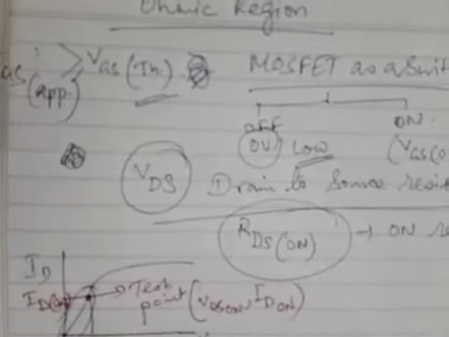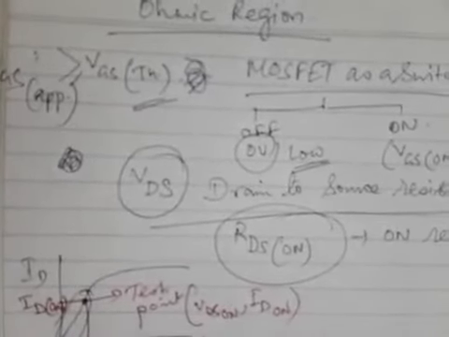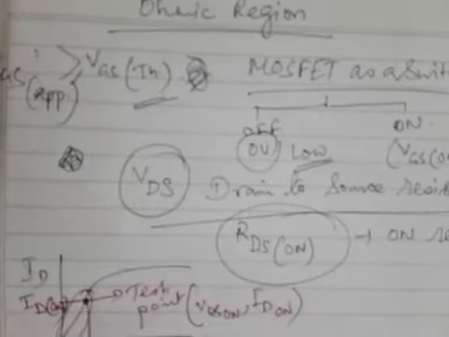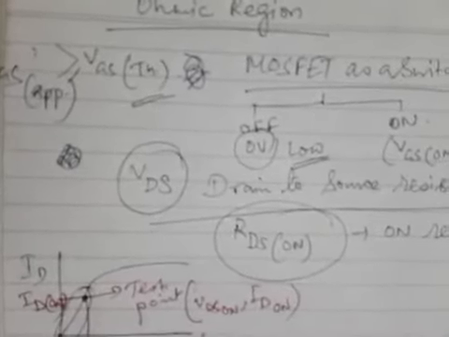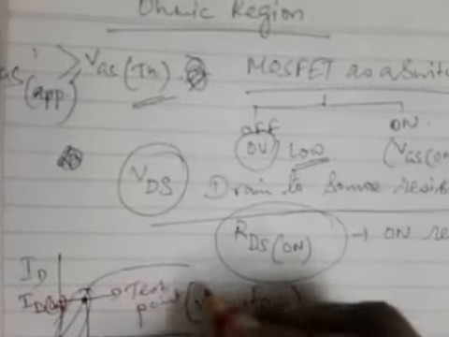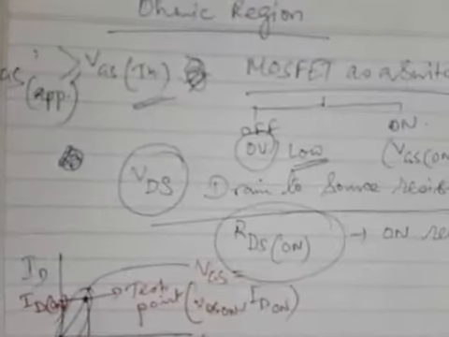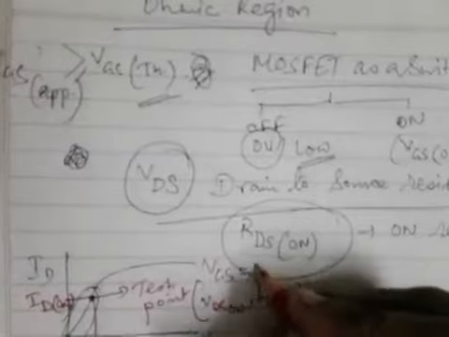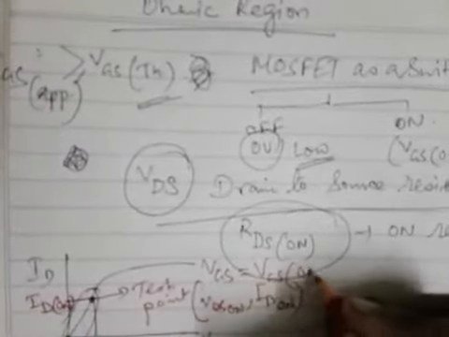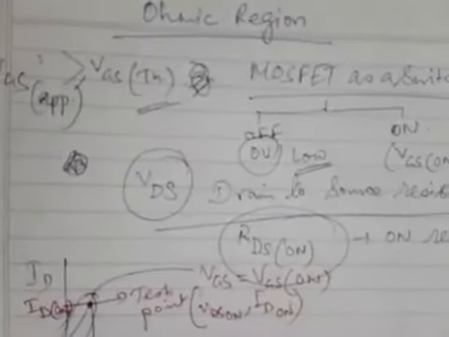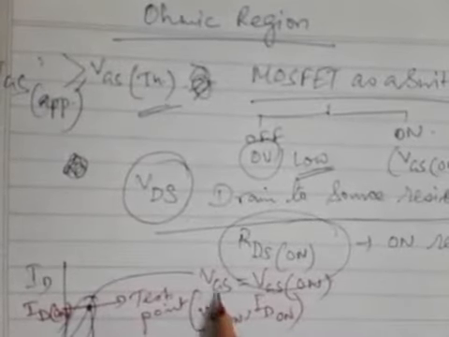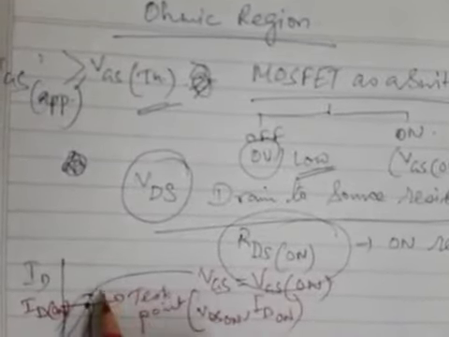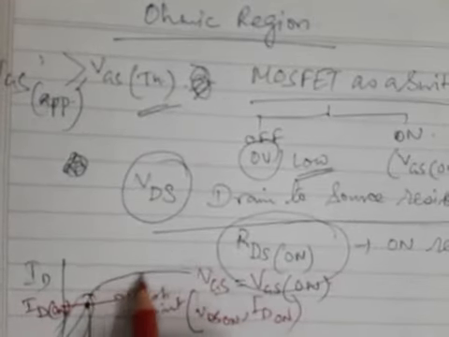At this test point there is also a third parameter, VGS, that can be specified as VGS on, based on the flat nature of this characteristic curve.